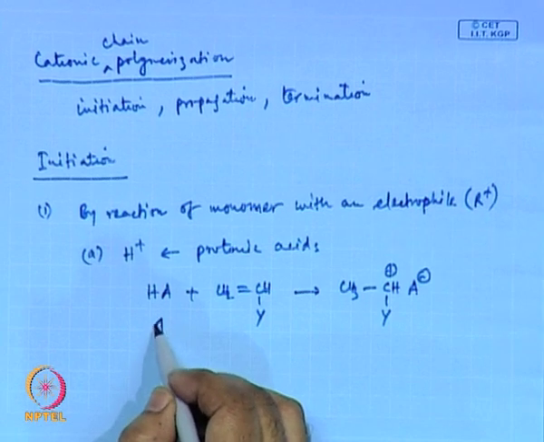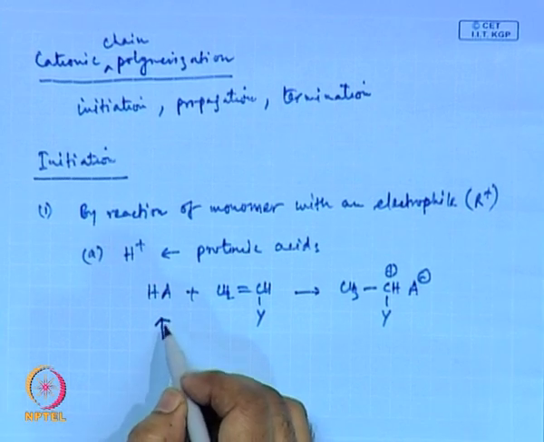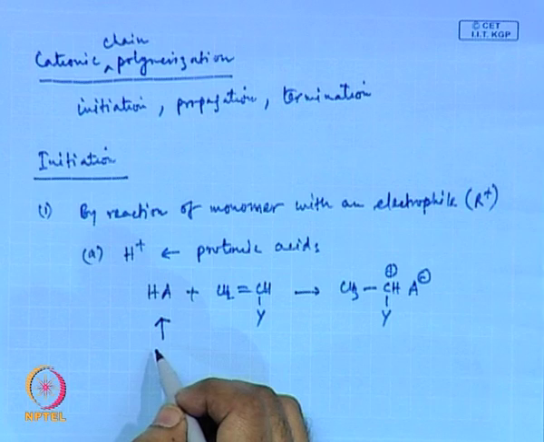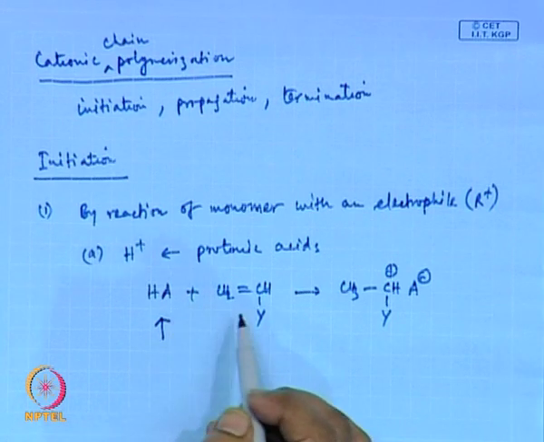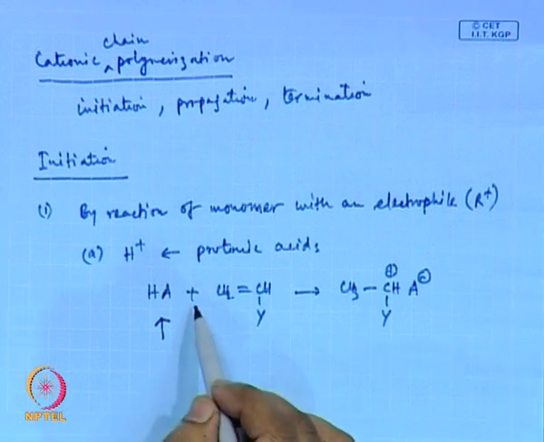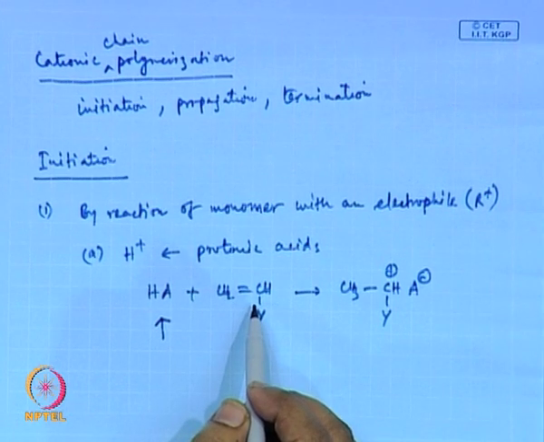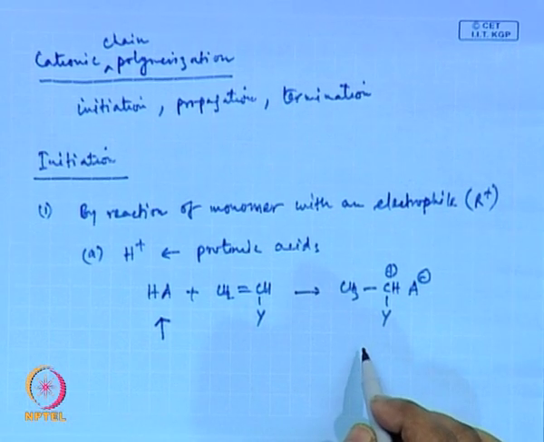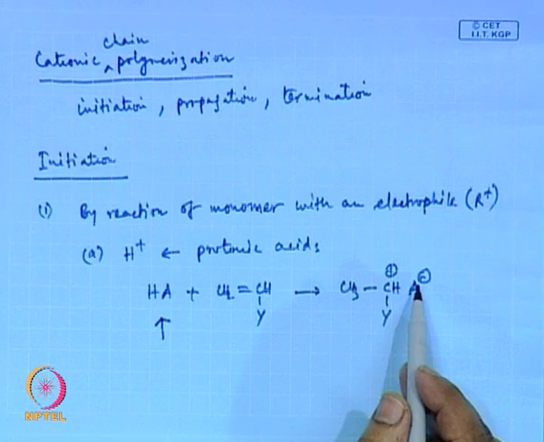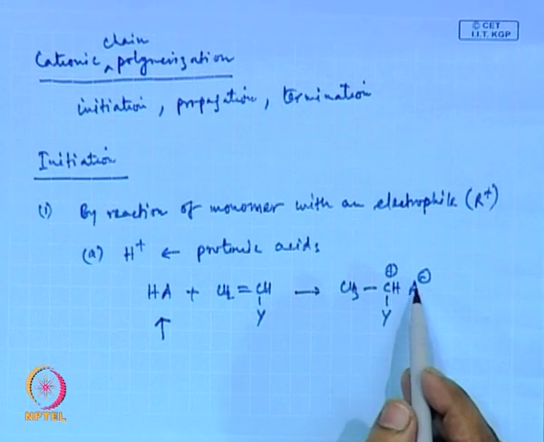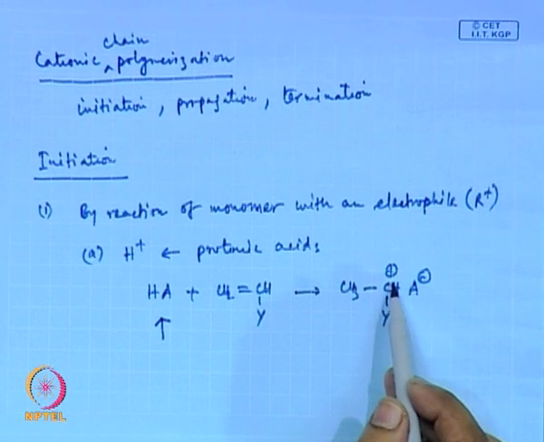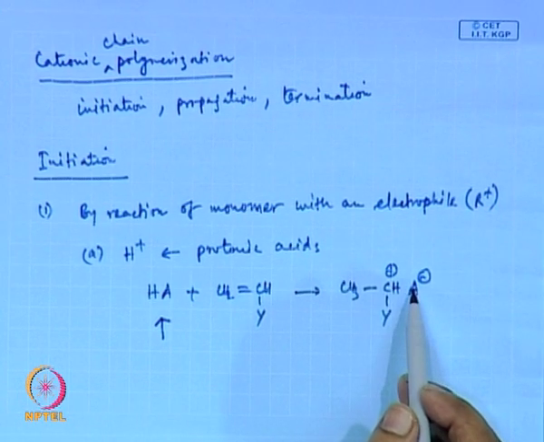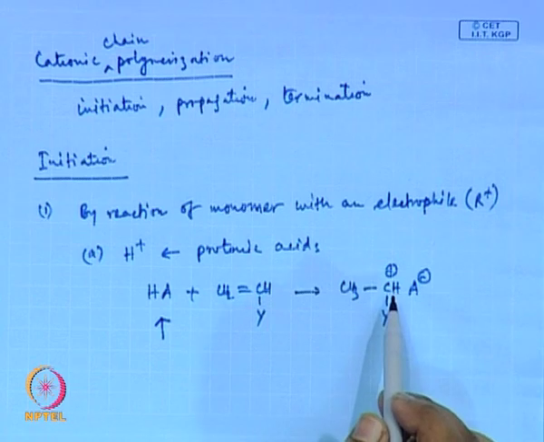The acid should be strong enough to produce a significant concentration of the protonated species so that it can react with the monomer, and the counter ion should not be a very strong nucleophile, because then it can react with the cationic group, make a covalent bond and stop the reaction there itself.